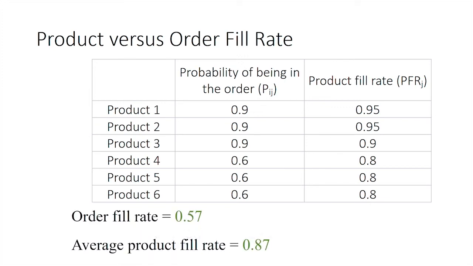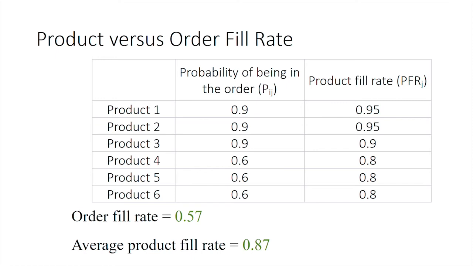And if we redo it for the other products and multiply all the answers, you get the order fill rate equal to 0.57, and the average product fill rate will be equal to 0.87. By only judging the product fill rate, you can see that it is quite good because all of the PFRj are higher than 0.8.